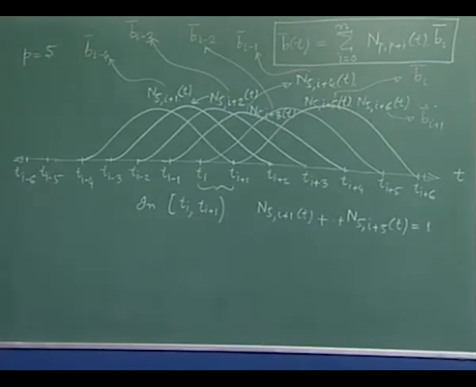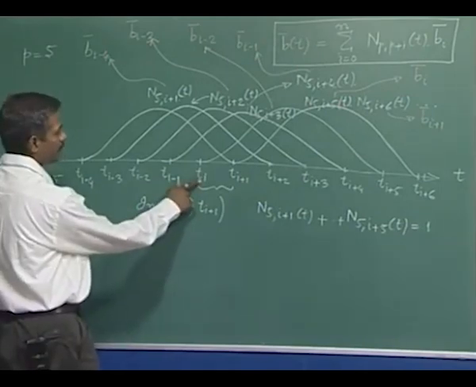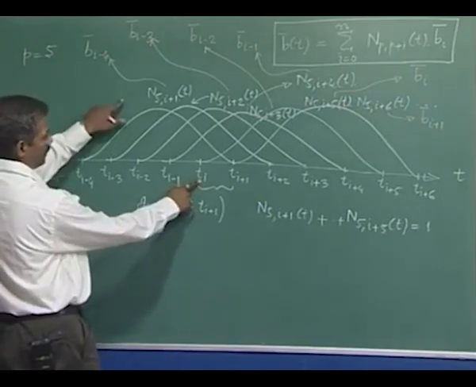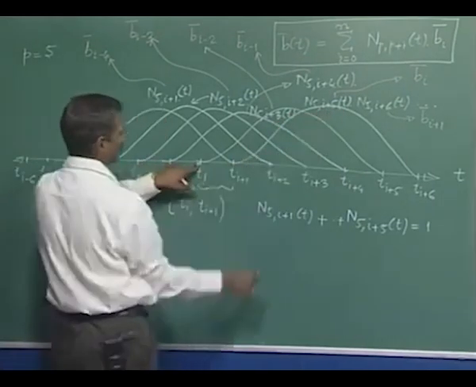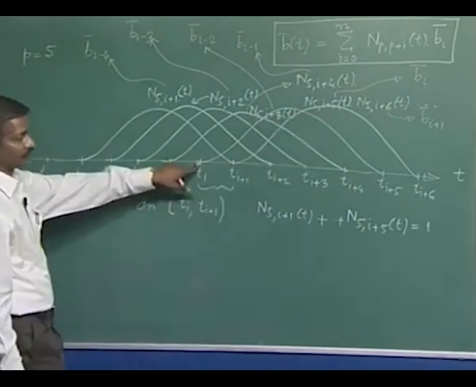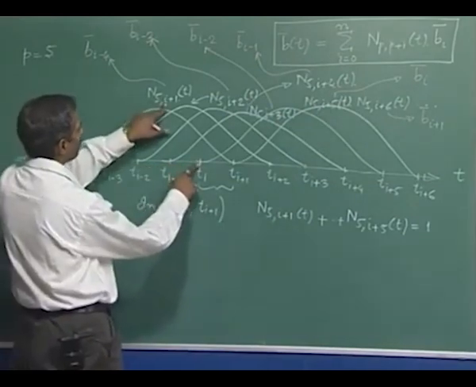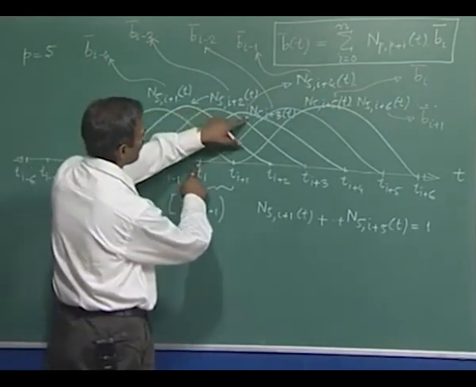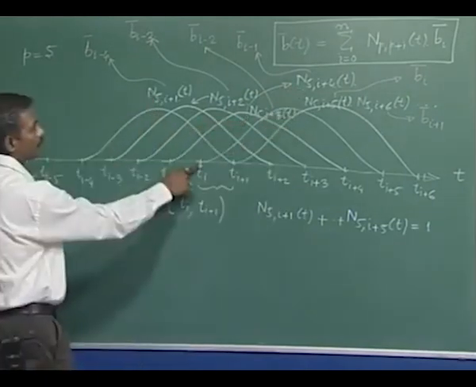Or more specifically, for values of t equals ti, N5,i+5 of t is 0, as you would notice, and N5,i+1, N5,i+2, N5,i+3, and N5,i+4 are non-zero, and they sum to 1.